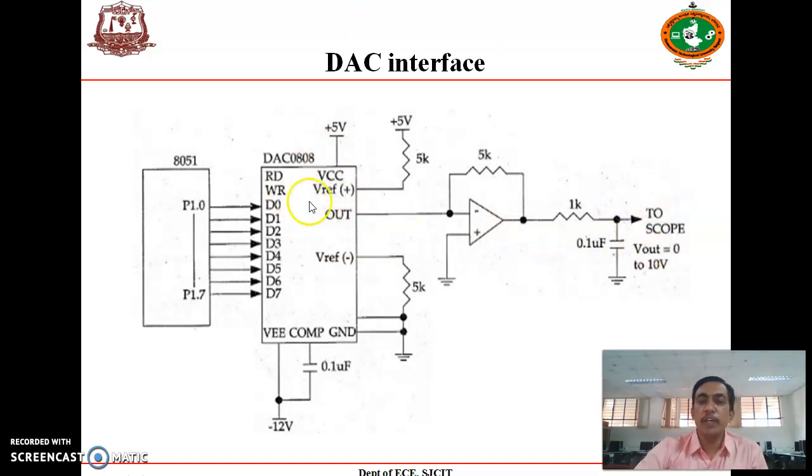Basically, this gives you the current output, which is converted to a voltage by connecting a resistance across the load. It is connected on board. Here we use port 1 of the 8051 microcontroller to connect the inputs of the DAC. Instead of port 1, we can use other ports also.